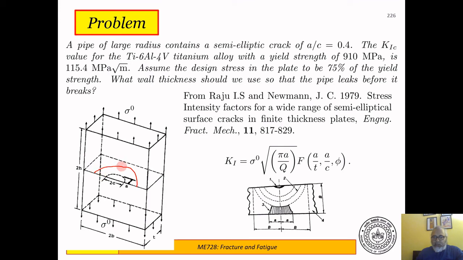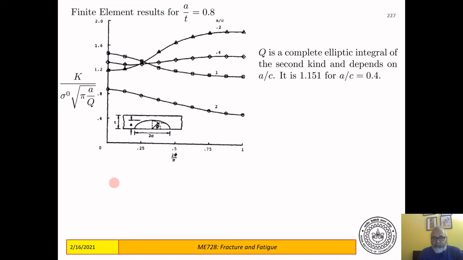When it has covered 80% of the thickness, we consider it to be almost a through crack, and then this is 14.4 millimeter and this is 5.76, and the crack is almost equivalent to a through crack of width 14.4 millimeter, not 14.4, twice of 14.4, that is 28.8 millimeters.